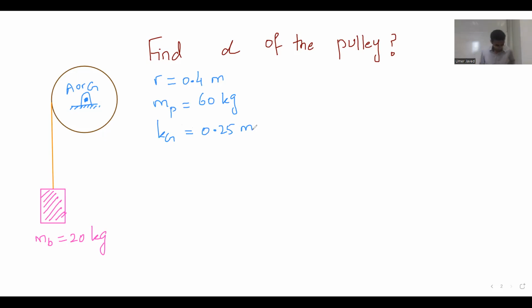Okay, do it. Tell me, why don't you tell me the first strategy? A and G are the same points, by the way. You can call this point A or G. So summation of moment about this point G or A is equal to IG alpha.